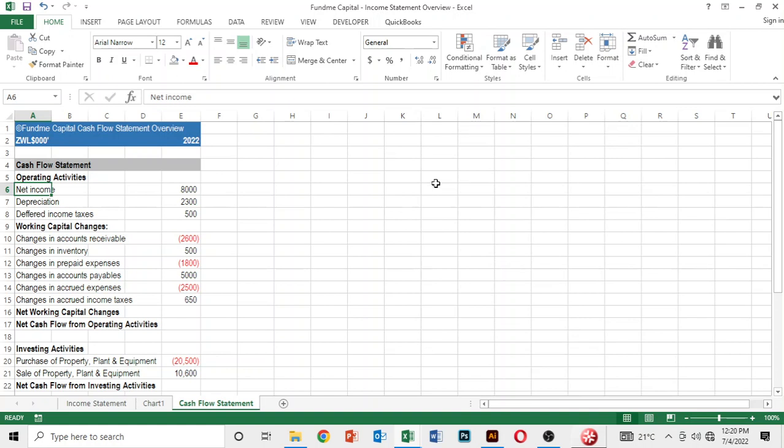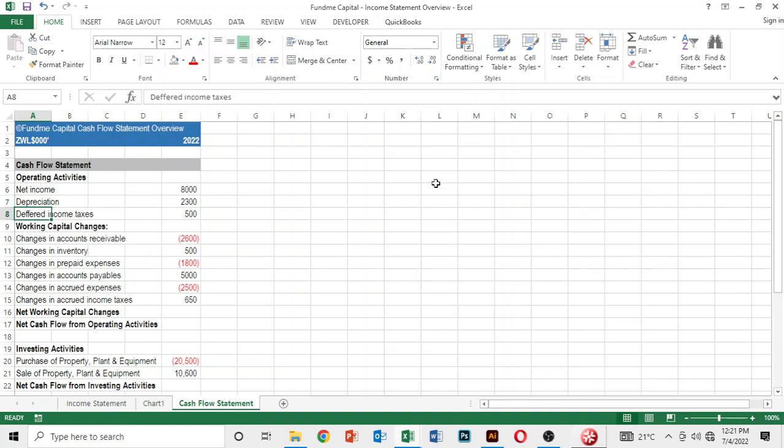So you must know that net income from the income statement starts the cash flow statement, and here we have depreciation, right? Mind you that in the income statement we expense this amount of depreciation, but here, since depreciation is a non-cash item, in the cash flow statement we add it back, right?